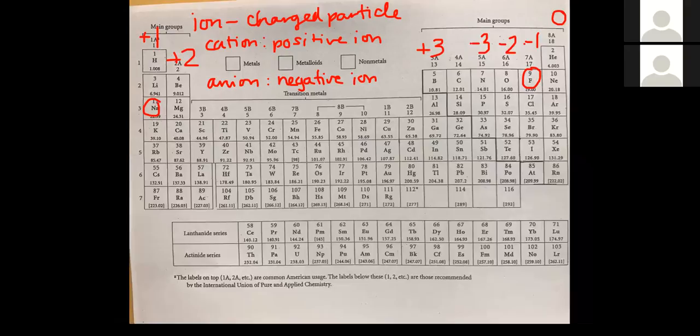So we're going to go down the periodic table. We're going to start with lithium. It's an alkali metal. You put lithium in water and it sets on fire. Sodium's going to be even a little more reactive.